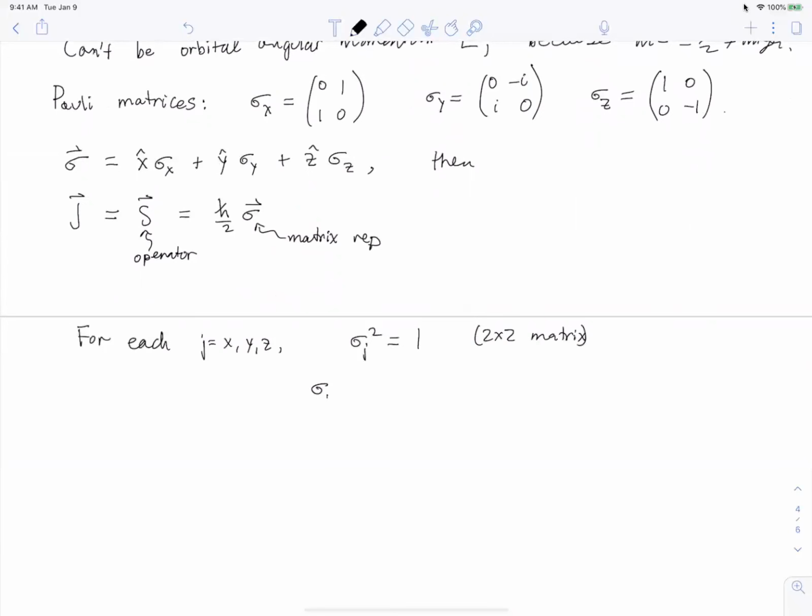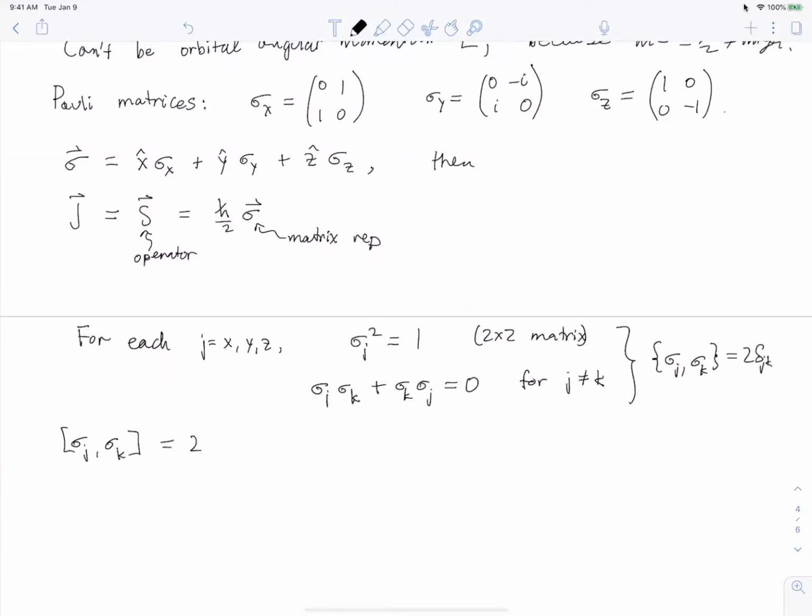And if you take sigma_J sigma_K plus sigma_K sigma_J, that's equal to 0 if J is not equal to K. Together, these are saying the anti-commutator of sigma_J with sigma_K is twice the Kronecker delta of J and K.